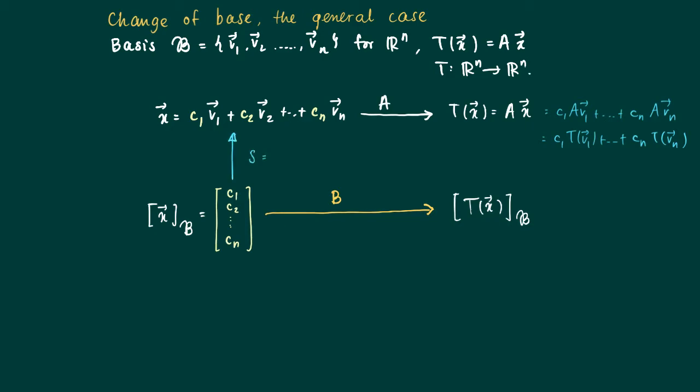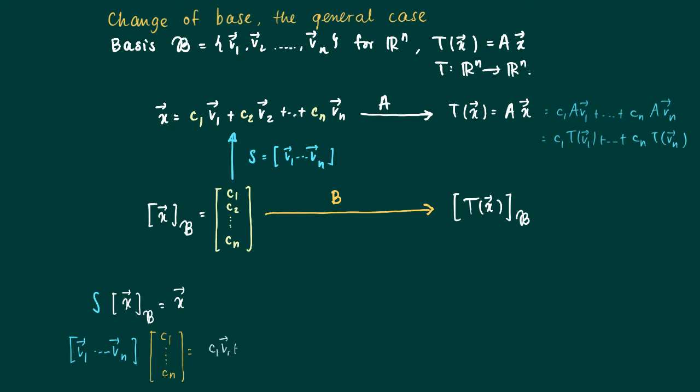And we've already seen that if we make a matrix S in which we put the new basis elements v1 to vn as columns, then we can go back from the coordinates with respect to beta to the standard coordinates, just multiplying from the left with S. So we get v1 until vn times the coordinates c1, c2, cn equals the natural coordinates, or the standard coordinates of our vector x.